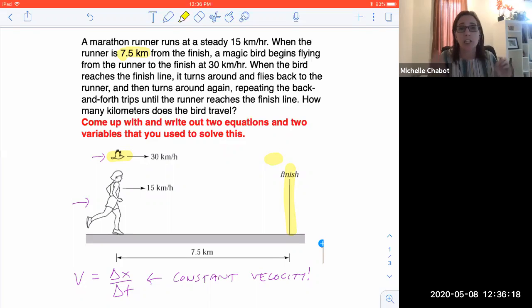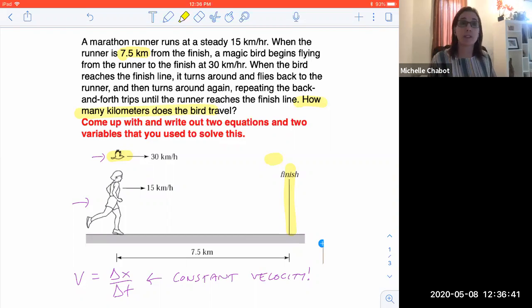That's the magic part: there's no slowdown, no speed up time. It's just boom, boom, always 30 kilometers per hour, constant velocity, magic bird. So this is what happens: the runner is running at a constant rate, and the bird goes back and forth. And you're asked to find how many kilometers the bird travels.